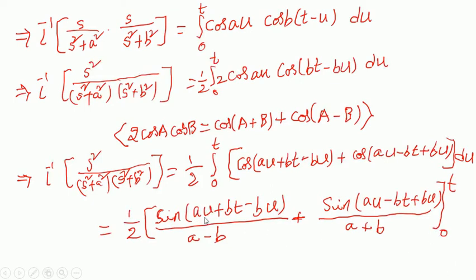What happened? a into 0 means 0 plus bt. This is also 0. So what will we get? Sine bt by a minus b. Next here, au at the lower limit is 0, bu at the lower limit is 0 because u is 0, right? So here sine of minus bt means minus sine bt.